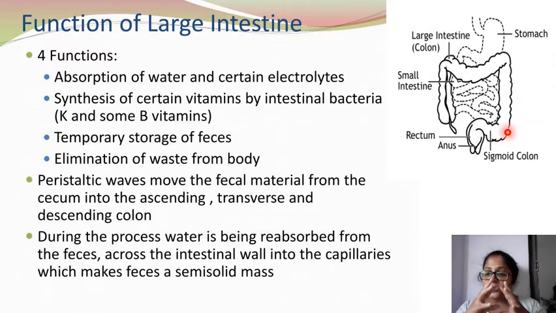All the nutrients are reabsorbed, and the hard stool is formed, and the semi-solid mass of the feces is formed after absorption of all the nutrients from the undigested material, and then it moves through the rectum to the anus, out of the body. So this is how the whole functioning of the large intestine takes place. It helps in the defecation process.